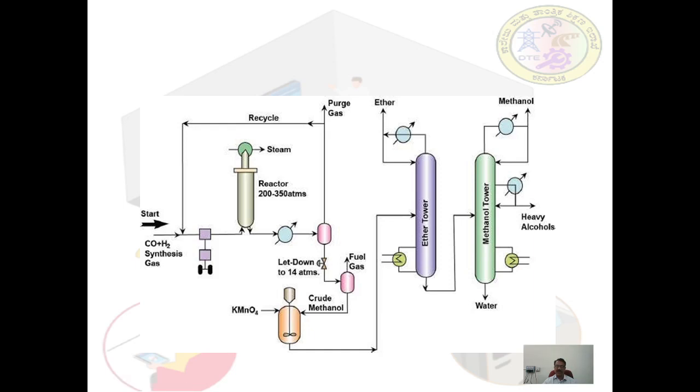The liquid stream then enters a distillation column that separates dimethyl ether as a top product. The bottom product is then further distilled to produce methanol as top product, and the other higher molecular weight alcohols are withdrawn as side stream and water as the bottom product.